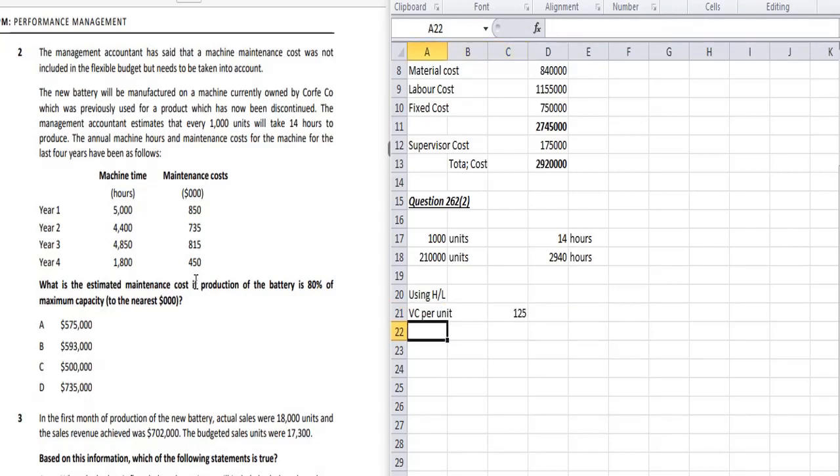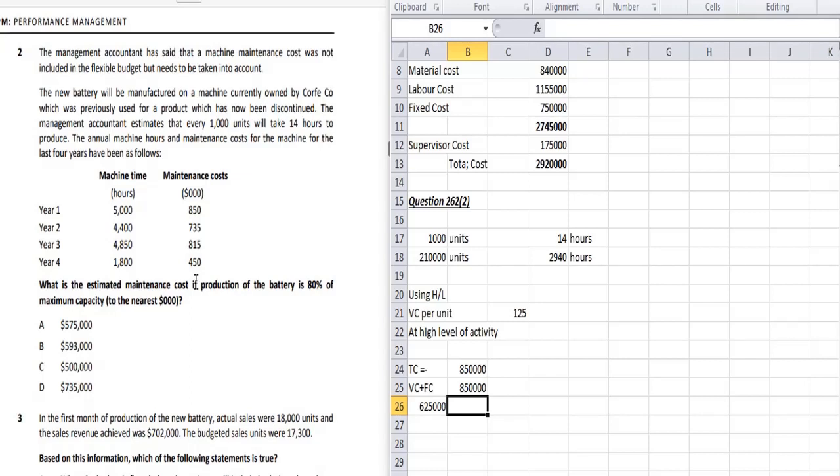Now put in the high level of activity: what's our total cost? Total cost is 850,000, and we know that total cost is the sum of total variable cost plus fixed cost. For 1 hour the variable cost is 125, and the total hours are 5,000, so total variable cost will be the multiplication of these two, plus fixed cost.